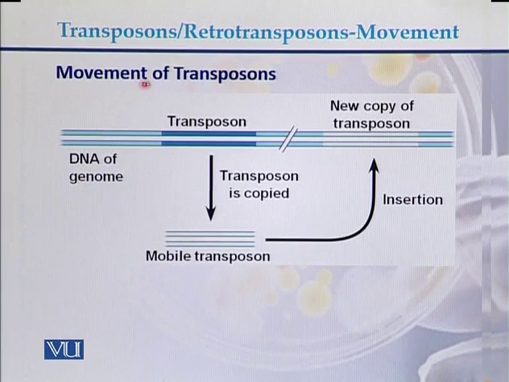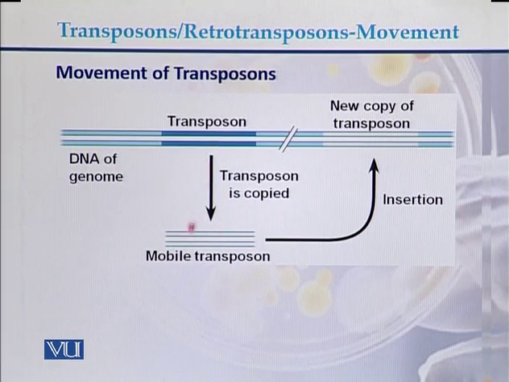The movement of transposons. As the transposable elements are of two types, one is transposons and the second type is called retrotransposons. So, movement of transposons. Here is the transposon, a mobile DNA sequence, or mobile transposon.